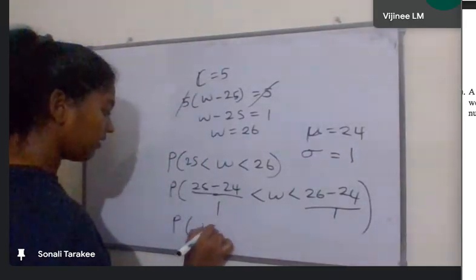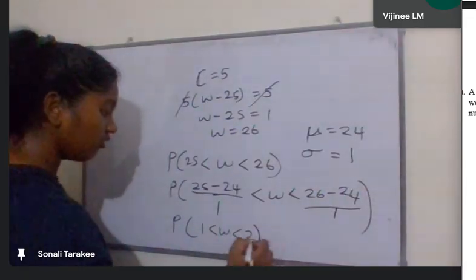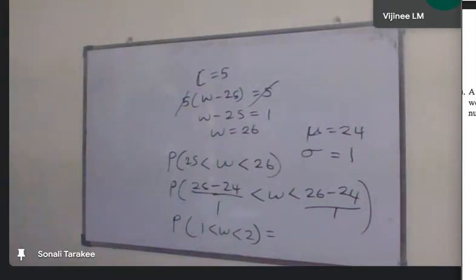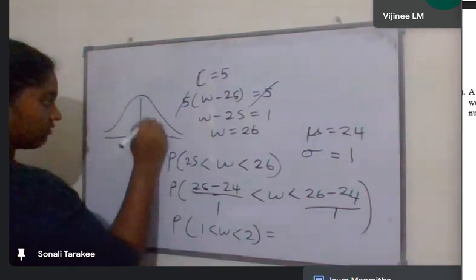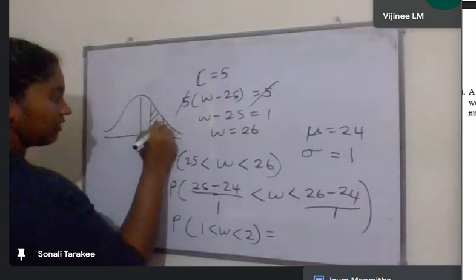Z should be between 1 and 2. So when you solve this one, if we draw the bell-shaped graph, 0 is here, 1 is here, 2 is here. So Z should be in between them now.